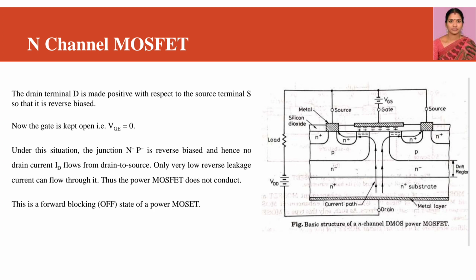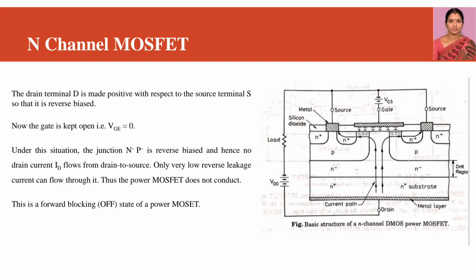On the other side of the N plus region is a metal layer which forms the drain terminal of the power MOSFET. Now the P region is diffused in the epitaxially grown N minus region. In this P region, heavily doped N plus regions are formed. These N plus regions form the source terminal of the MOSFET.